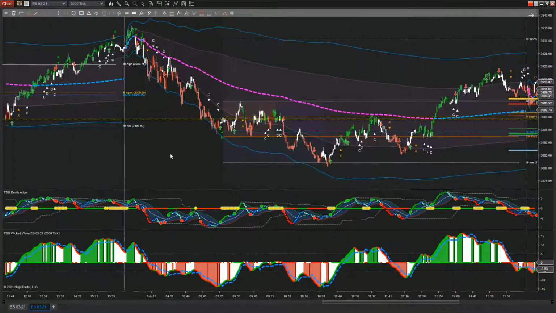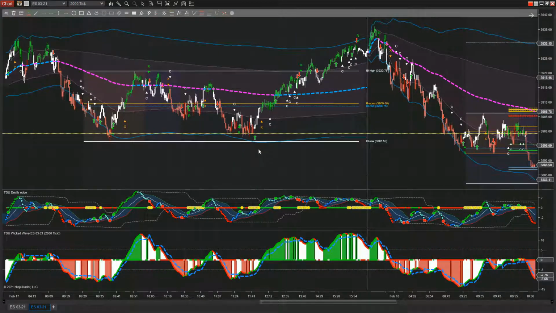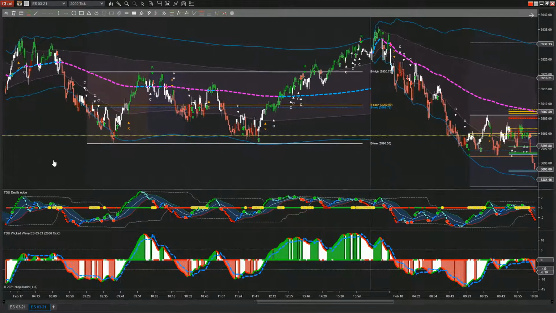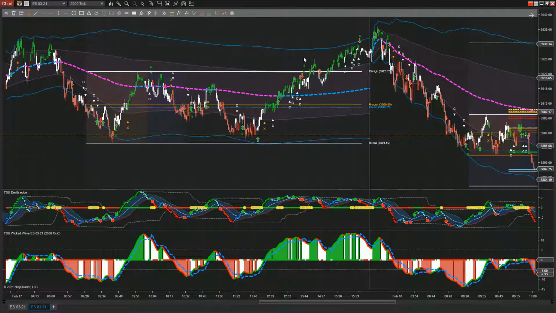So you want to have an awareness, because this is how institutions are measuring their performance. So if they can buy it below, or if you get too far below, you want to start looking for trades that would drive it back towards VWAP. And this can be a function also of whether or not we have a news-driven day. If you got news in the middle of the day or early part of the day, you'll often see big pushes away from VWAP, but then it'll spend the rest of the day working back towards VWAP.